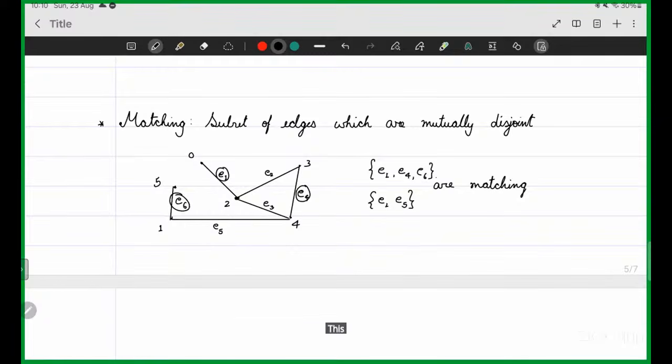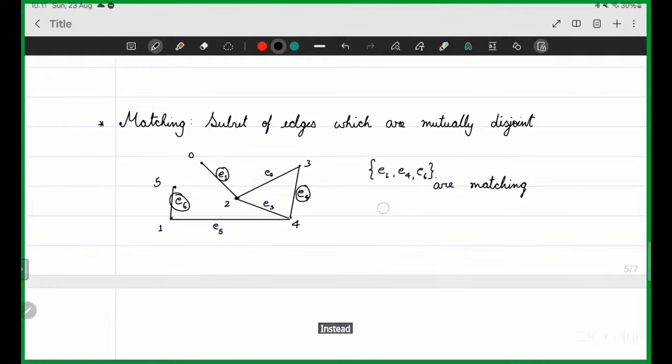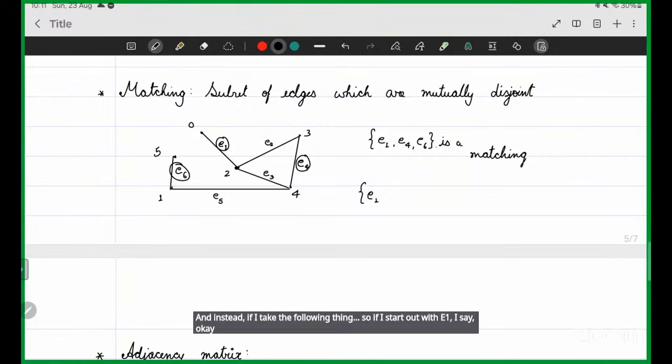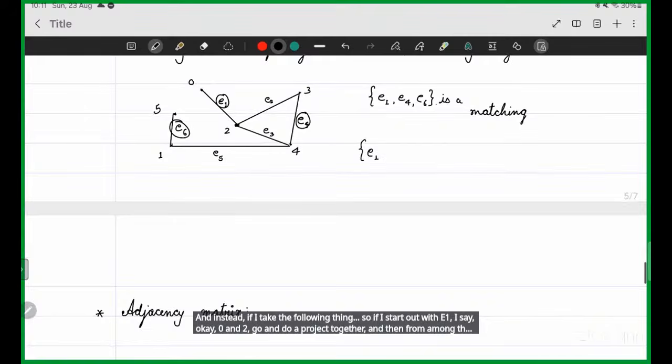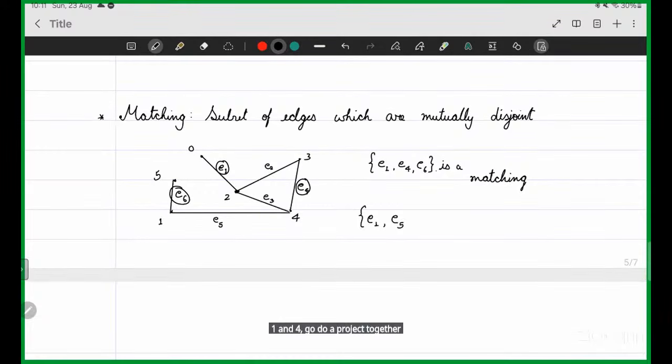This is what is called a perfect matching, which is a matching in such a way that all vertices are accounted for. Let me just call this a matching. Instead, if I start out with E1, I say, okay, 0 and 2 go and do a project together. And then from among the remaining, I pick E5, meaning 1 and 4 go do a project together. Can 3 and 5 do a project?